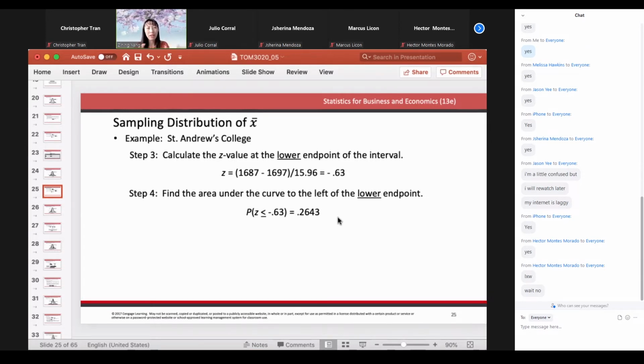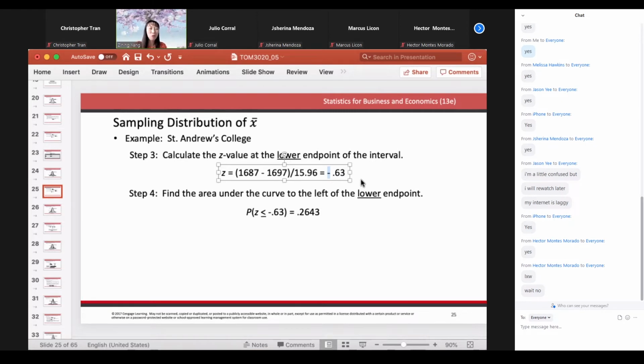So we actually can easily do this because it's the same magnitude. We know it's a plus 10 and a minus 10. So as long as it's the same magnitude from your x bar, the z should also have the same magnitude. What changed though is the sign, because on the right hand side is always a positive number, but on the left hand side is always a negative number.